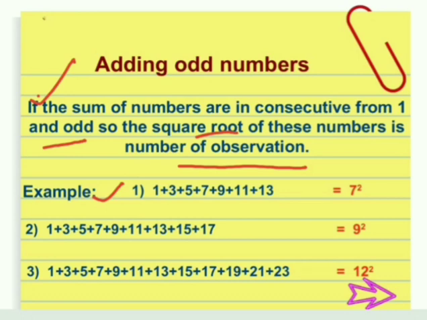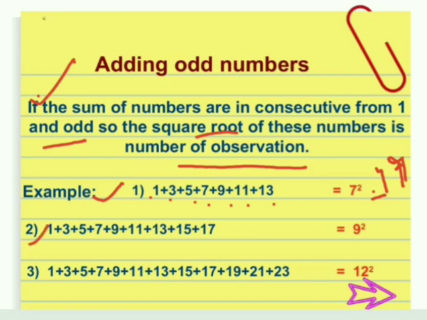How many observations do we have? 1, 2, 3, 4, 5, 6, 7. So its sum will be equal to 7 square, that is 49. Now, see the second example.